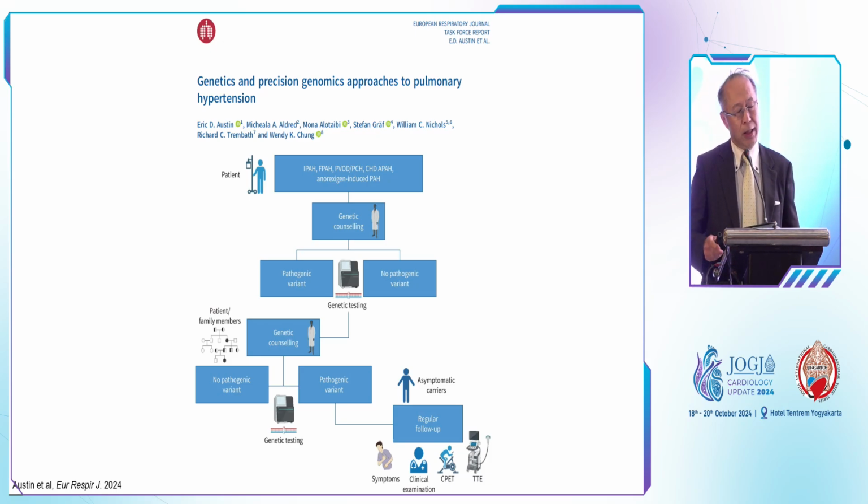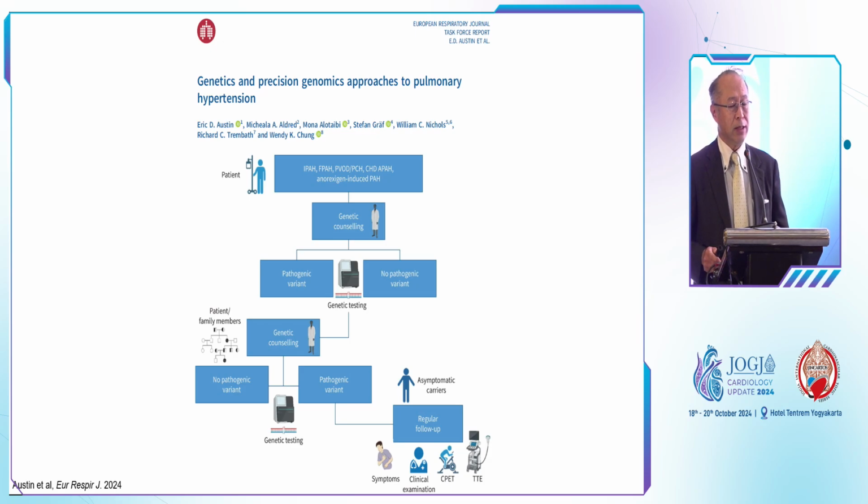So in June to July, an annual symposium on PH was held in Barcelona, Spain, and there they suggested genetics and precision genetics approaches to pulmonary hypertension.